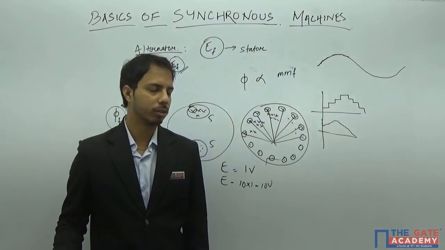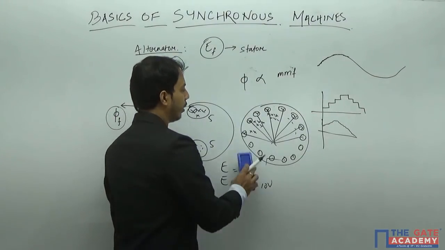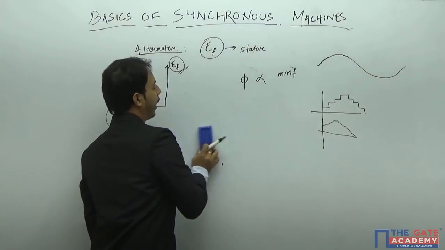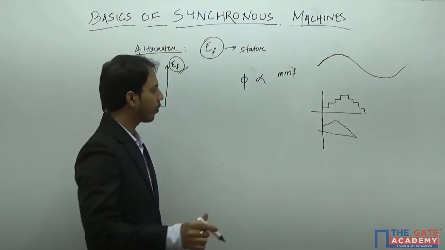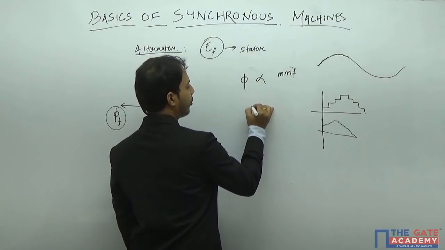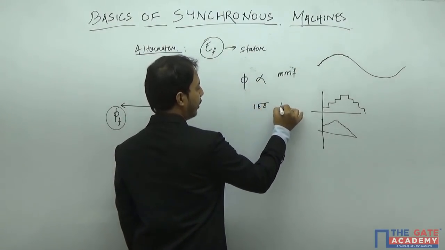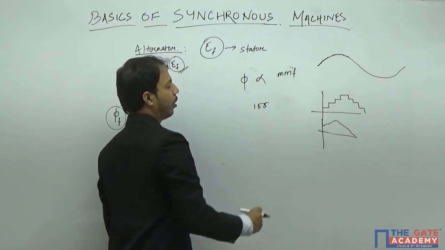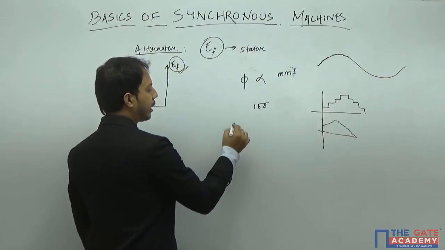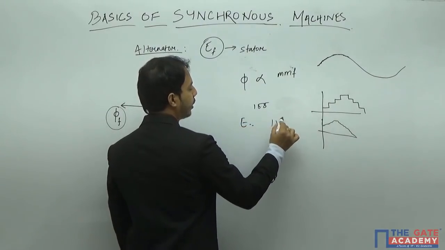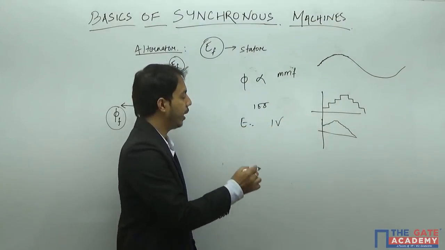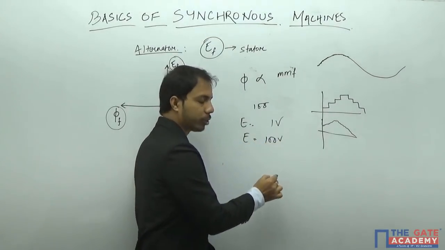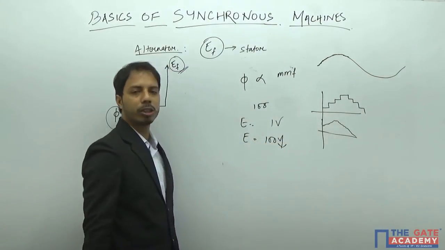If I have, say, 100 conductors, and each conductor is producing 1 volt, I cannot say that the total EMF produced is 100 volts. It will be less than that because of vector addition.